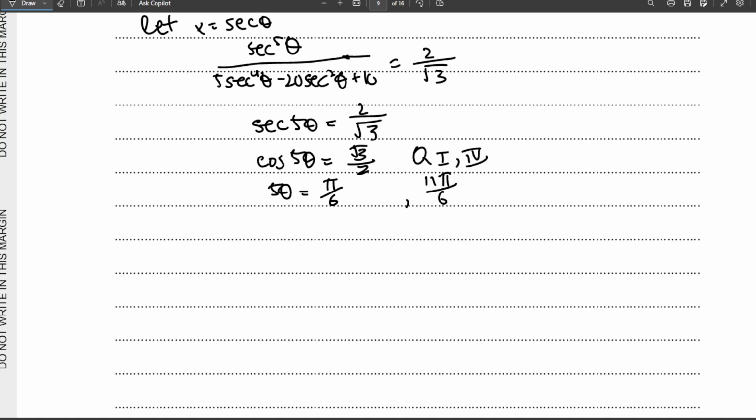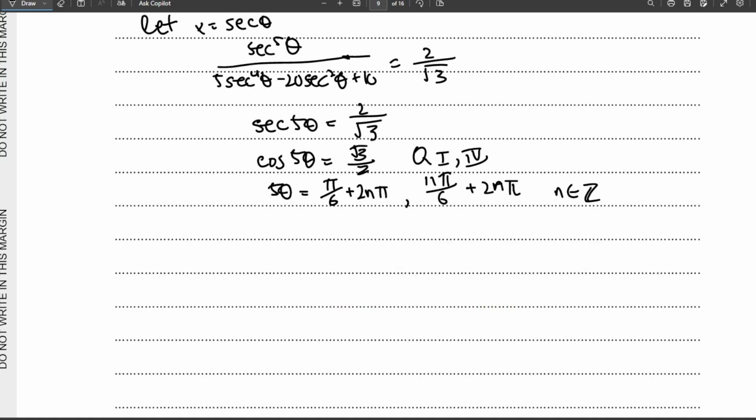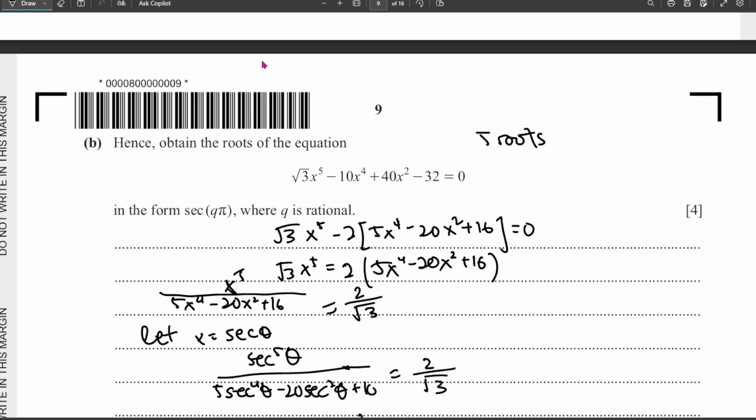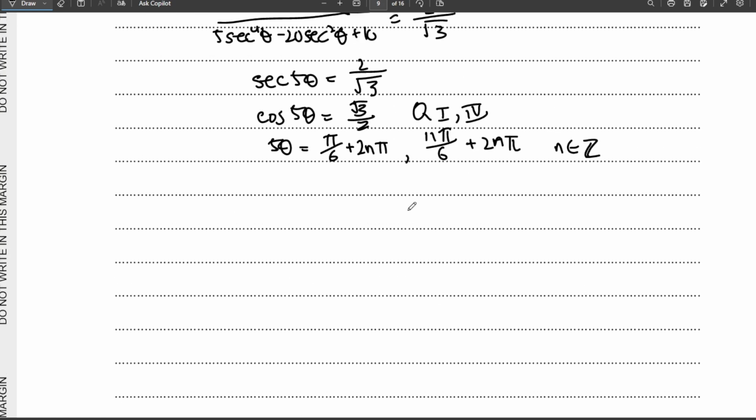So there are infinitely many solutions to this question. So all we need to do is add 2n pi to both solutions, where n is an integer. Yeah, I believe Z is the symbol for integers. And obviously, according to the question, we have a polynomial of the fifth order, so we need to give five answers.